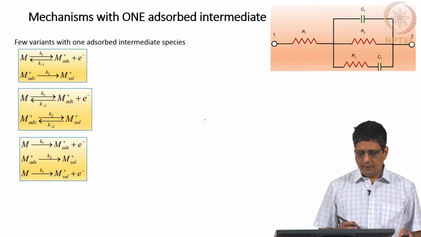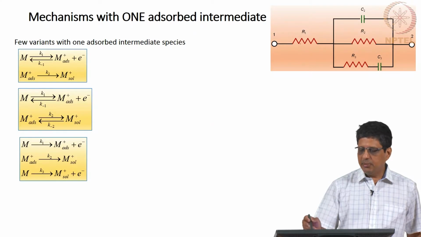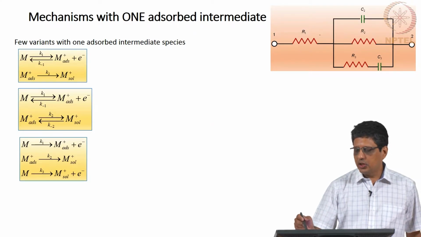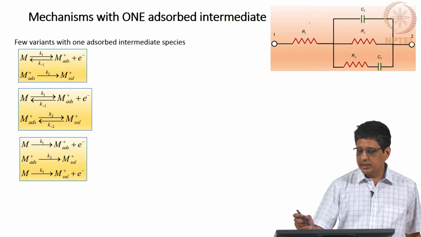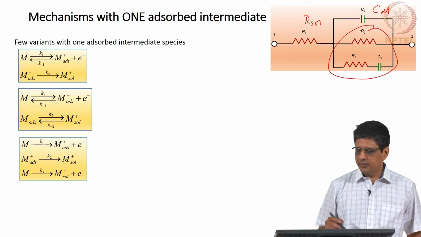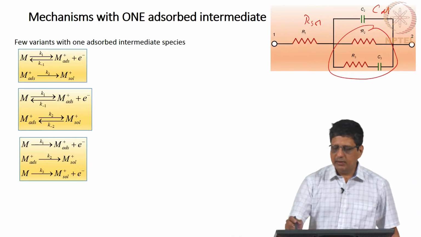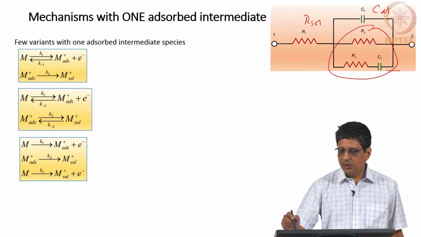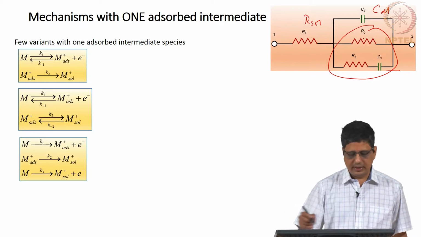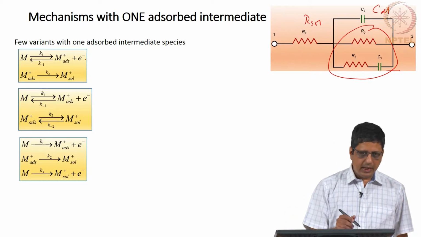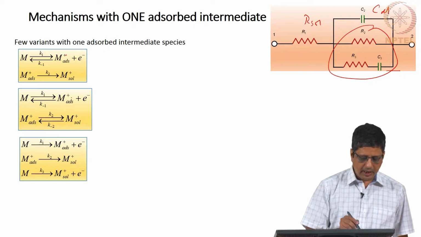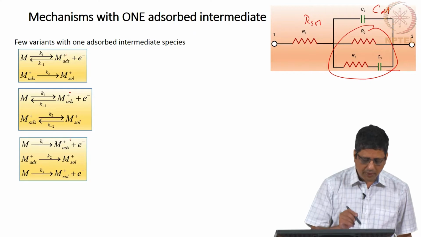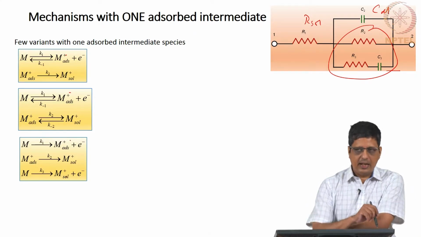We also saw that this can be represented by a circuit given here. You have solution resistance here, you have double layer capacitance here, and this represents the Faradaic impedance. So, one adsorbed intermediate gives us one Maxwell pair, along with the polarization resistance. We can write similar equations for other variants, such as an adsorbed intermediate with a parallel reaction.